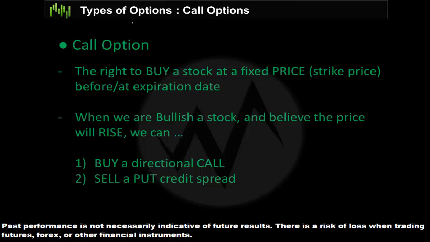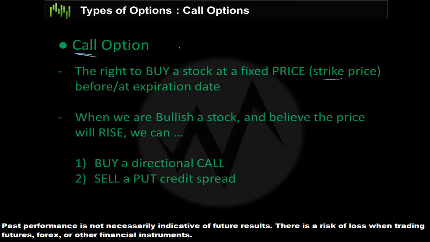All right, so the types of options that we can buy and sell, there's only two. One's a call option, and basically it's the right to buy stock at a fixed price, we call that the strike price, before or at expiration. Now, this is just the textbook definition, the right to buy a stock at a fixed price.